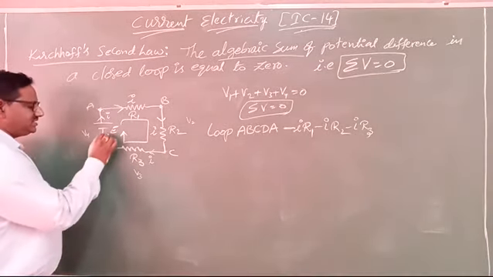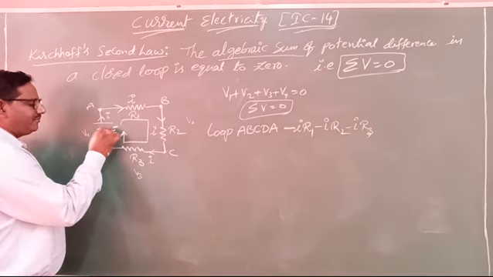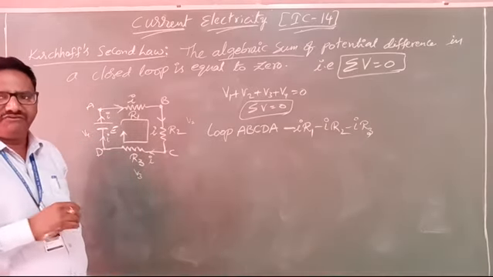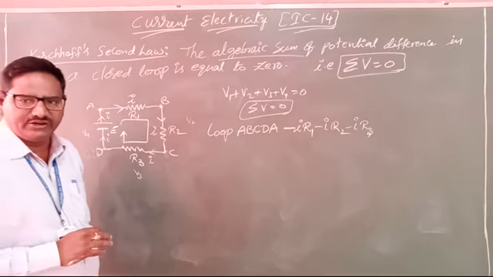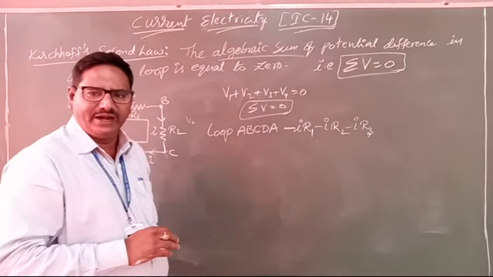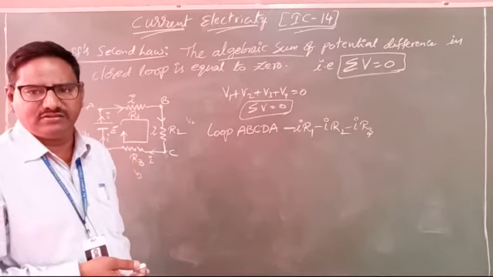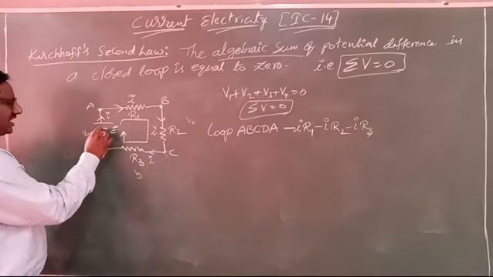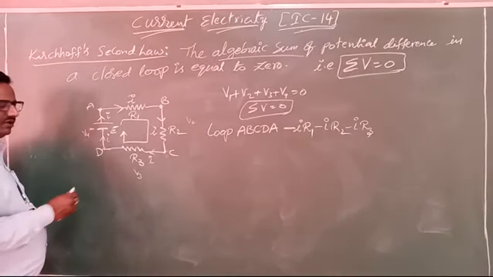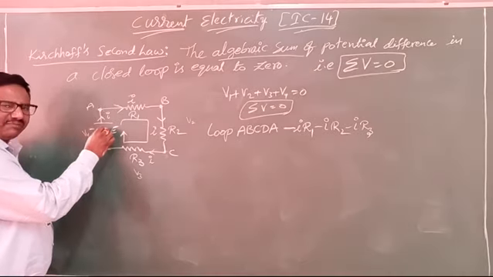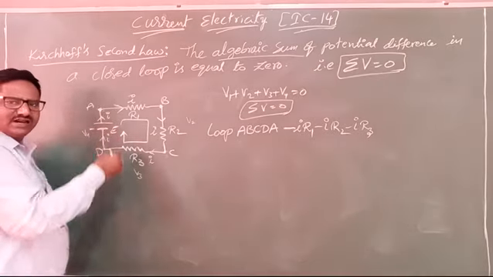Now the current will touch which terminal? The negative terminal of the cell. According to sign convention, you need to take the reverse sign. Here it touches the negative terminal, so you must consider it as positive.